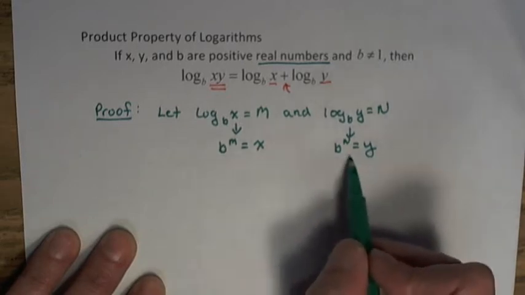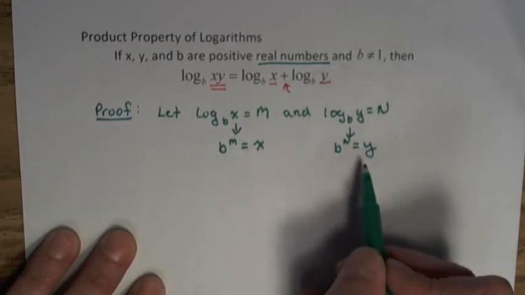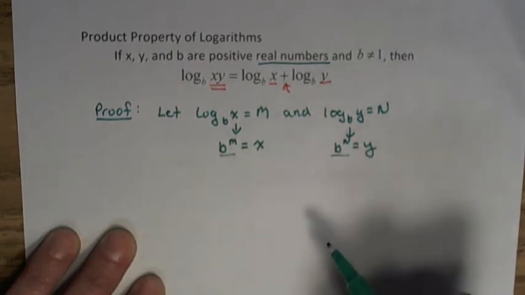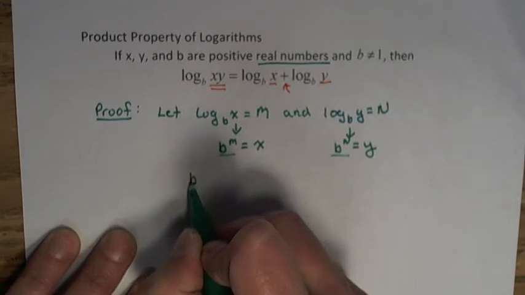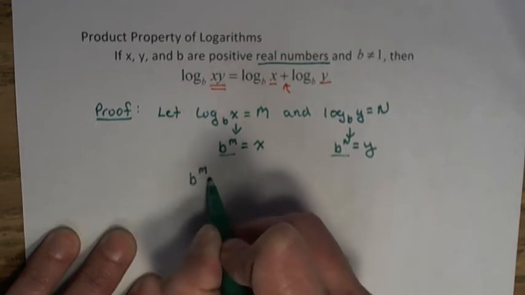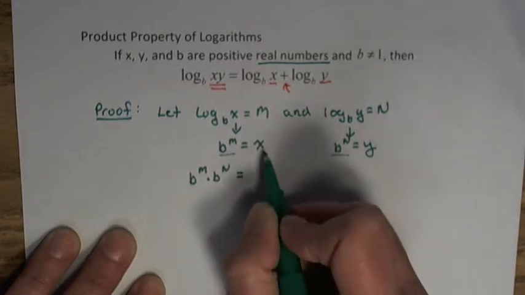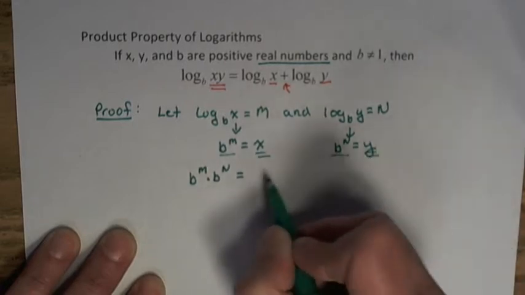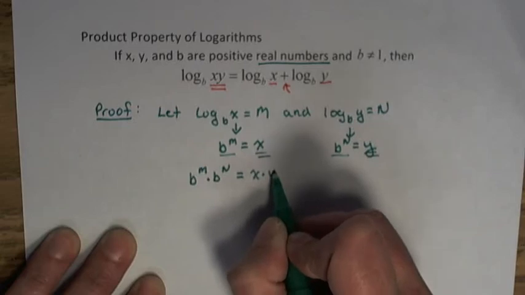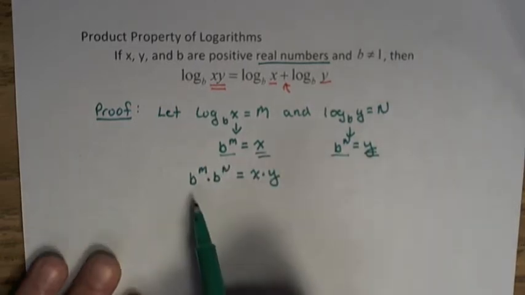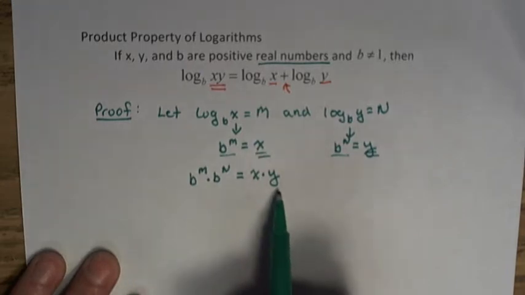Now, if these two statements are true, then I can take the two left sides of the equation and multiply them together, b to the m times b to the n, and that should equal the product of the two right sides.